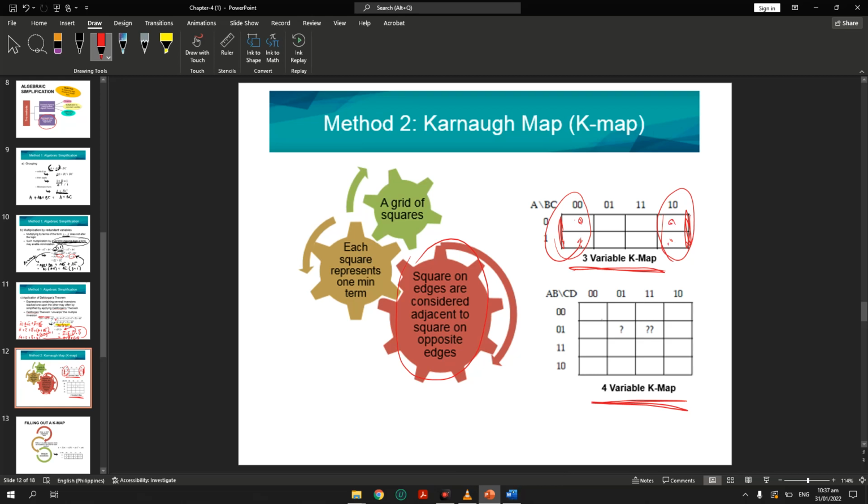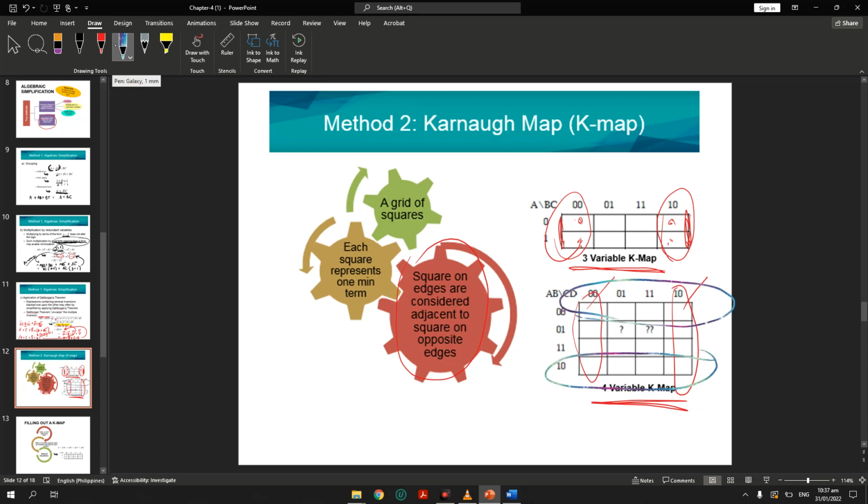The same here. If you fold this one and this one, this red square is adjacent to this one. In the same manner, this square here is also adjacent to the square here. The uppermost and the lowermost are adjacent.